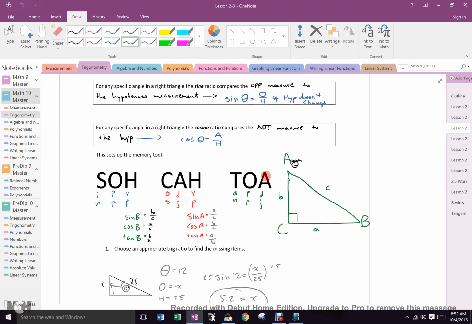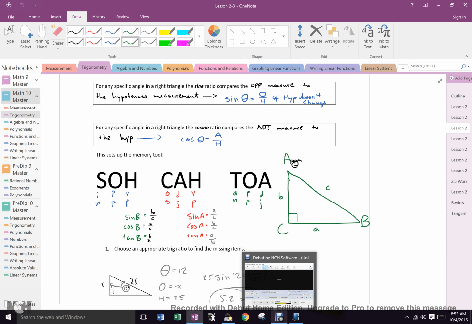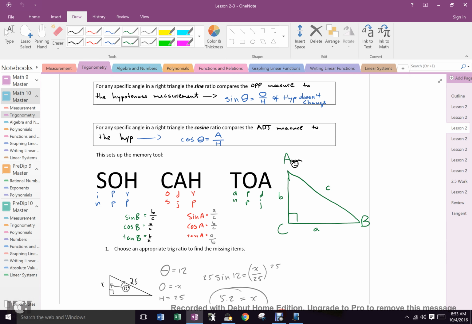Gave us no reasons, gave us no nothing. That was my trig lesson. SOH CAH TOA. You guys have gotten a lot more than that. But it still comes down to now you've got to practice it to make it work. So I'm going to shut up and walk around and help you because, again, there's nothing more I can do. There's no more to trig than SOH CAH TOA.